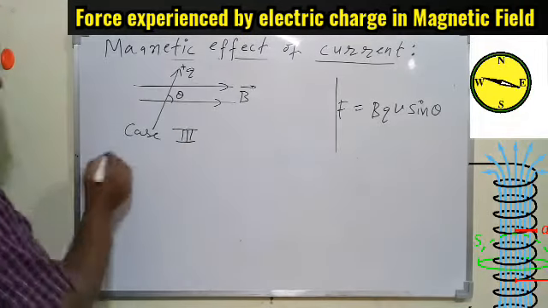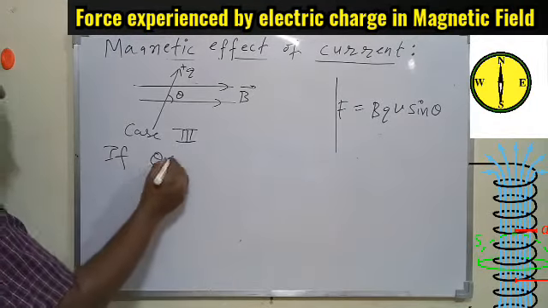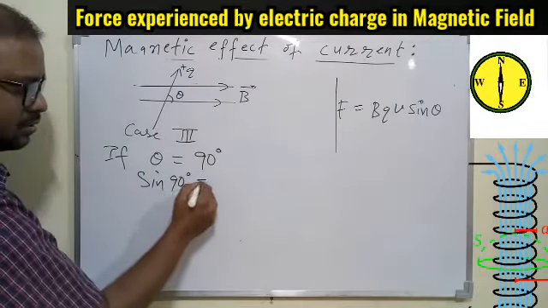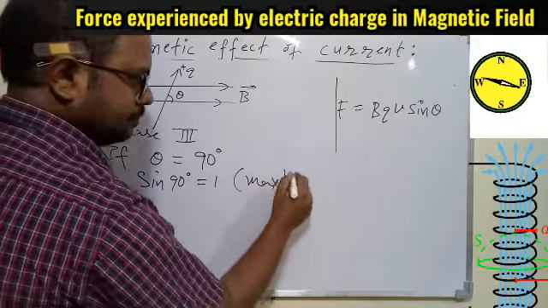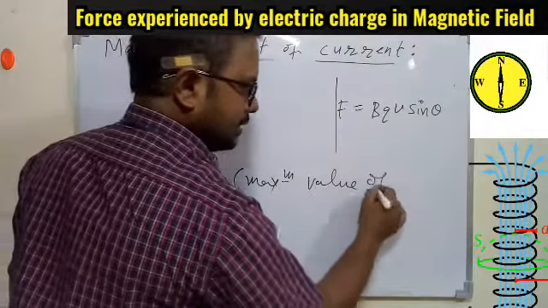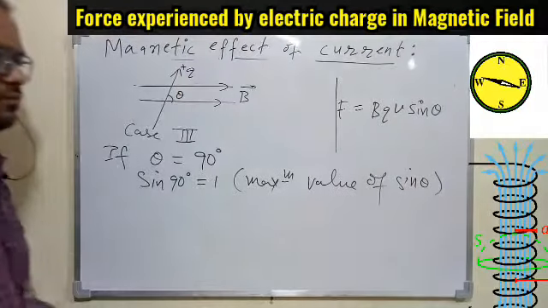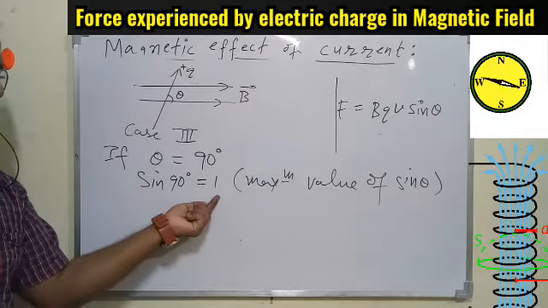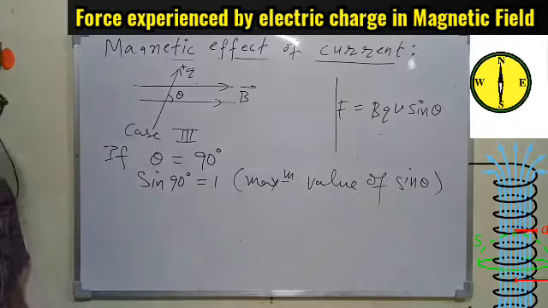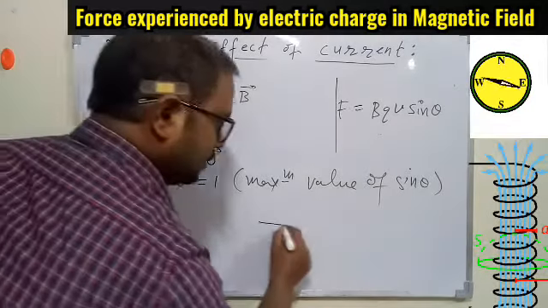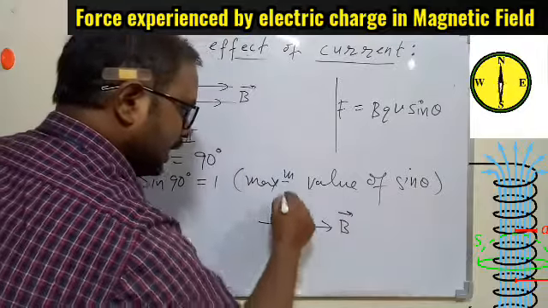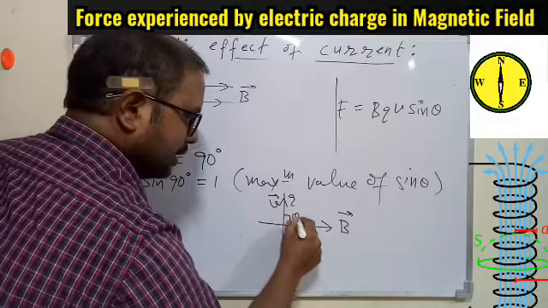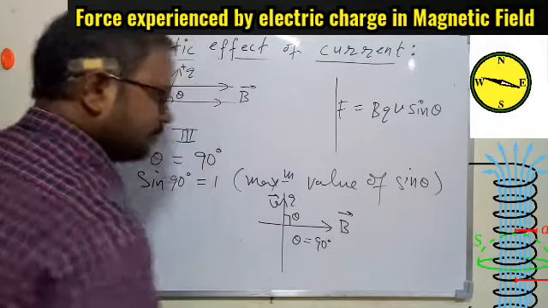Case 3 is if theta is 90 degree. We know sine 90 degree is 1, that is the maximum value of sine theta. The sine function has a maximum value of 1, and that is only when the angle is 90 degree. So if the magnetic field is in this direction and the charge is moving perpendicular to the field, theta is 90 degree.